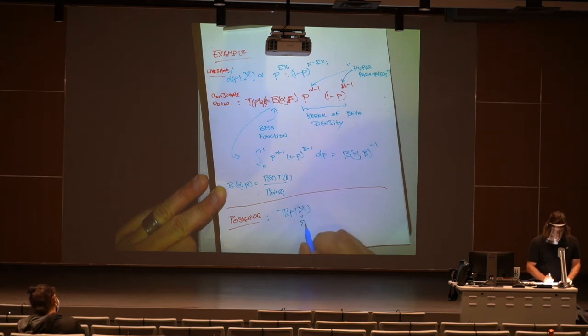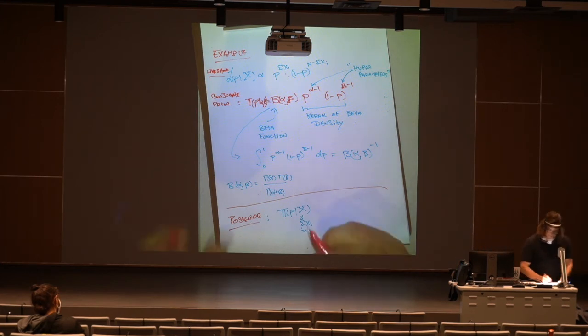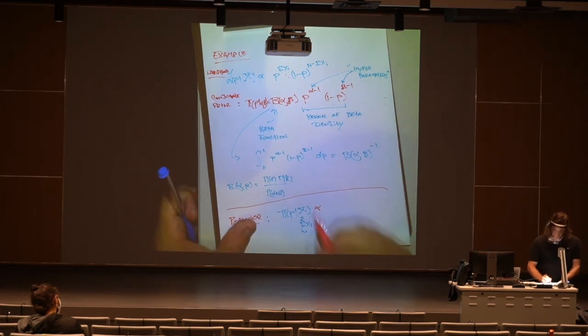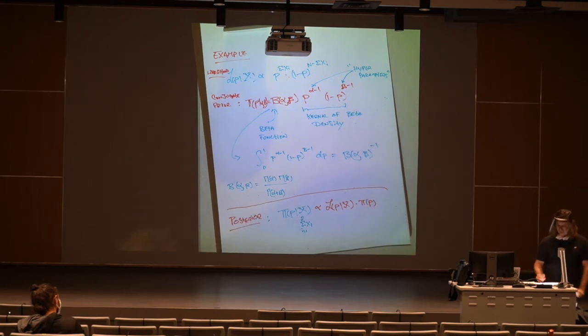In our case, the sufficient statistic is the sum of the xi's. That's how the data is coming in. If you don't know that term, that's okay. I'm not going to test you on it. But this is going to be proportional to the likelihood times the prior. A lot of people will not write down their hyperparameters when they express this, so they'll suppress that from the notation.